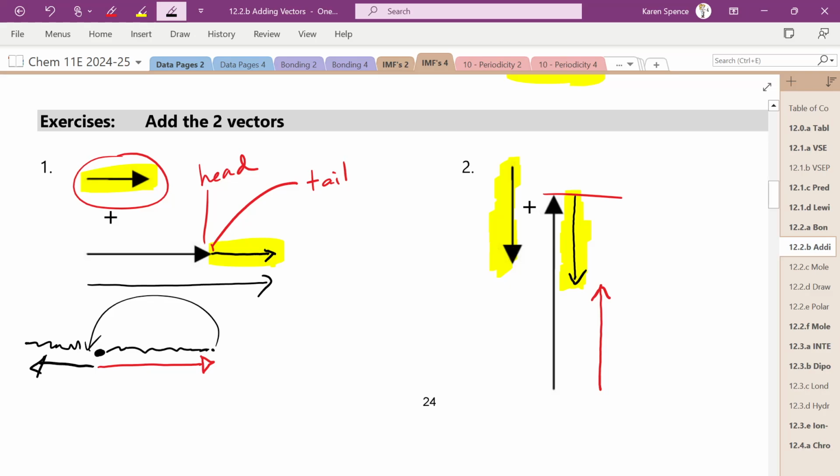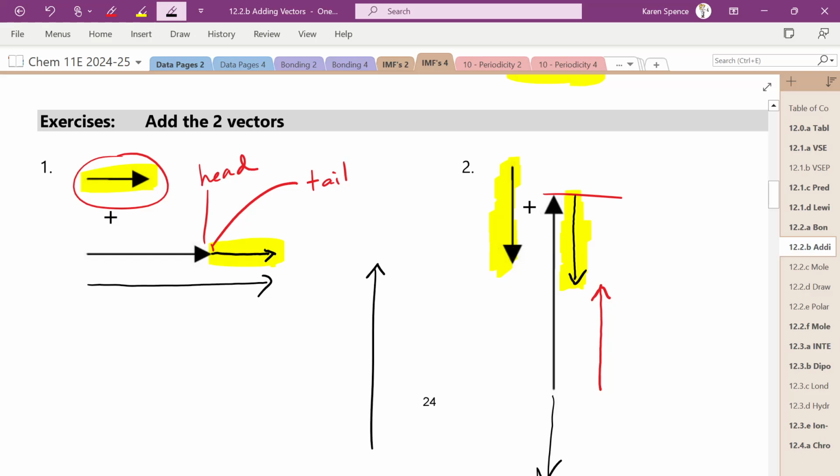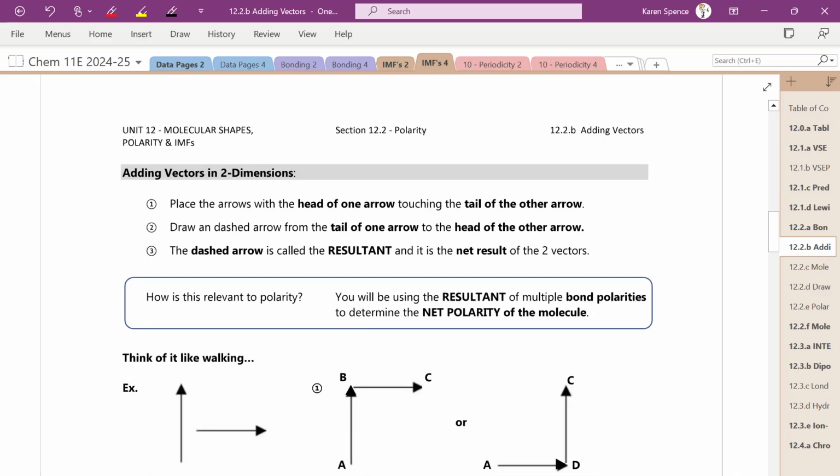I don't know why I drew it going the wrong way. Anyway, not a good example. It would have been better with this one. I would not want to draw my other arrow like this and then like this. I cannot add them like that because one's going one way and one's going the other. Never mind, we're just going to keep going. It'll make more sense as we go along.